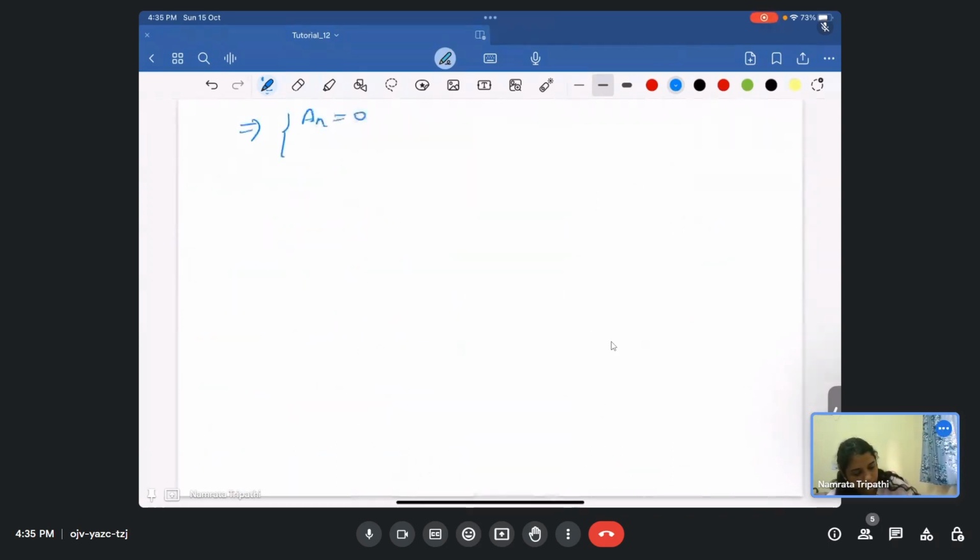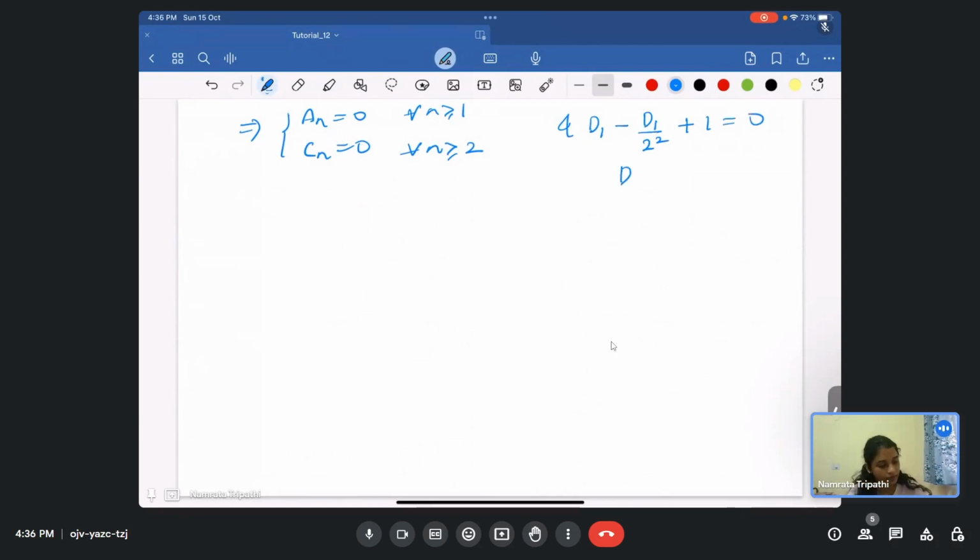So an is equal to 0, cn is equal to 0 for all n, and d1 minus d1 upon 2 square plus 1 is equal to 0. So from here d1 will give minus 4 by 3.